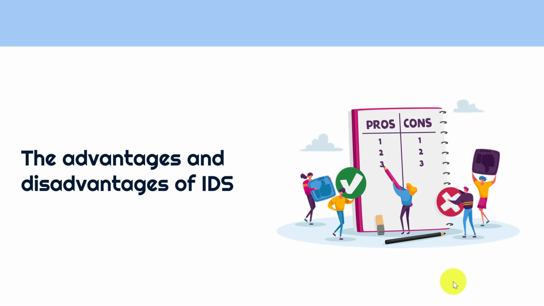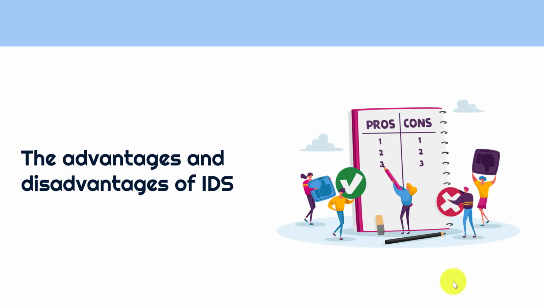And the second one, limited scope. IDS can only detect intrusion on the network segment where they are deployed and may miss intrusion that occur on another segment of the network.